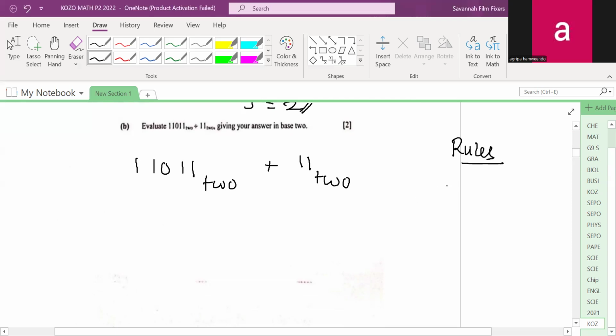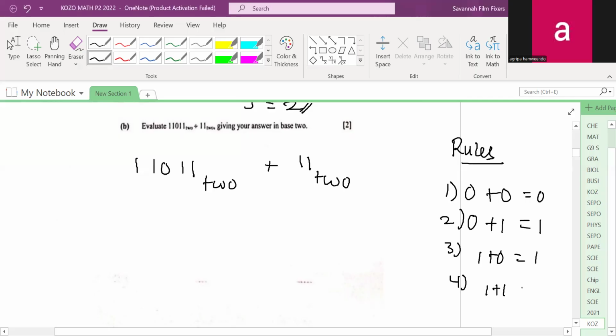So rule number one, when adding in binary, if we have got something like 0 plus 0, it will be 0. Rule number two, 0 plus 1 will be 1. Rule number three, 1 plus 0 will be 1. And rule number four, 1 plus 1 will be 0. But at this level here, we have to carry a 1, right?